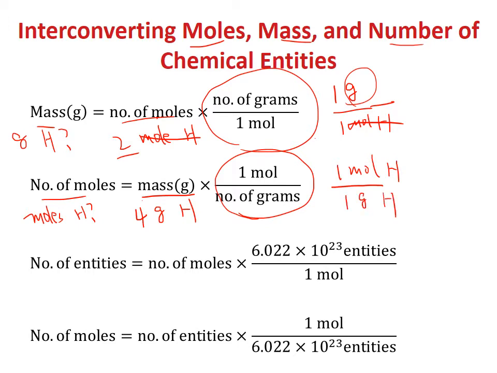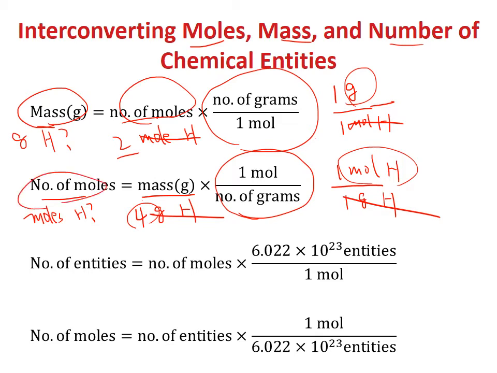This way, gram of hydrogen and gram of hydrogen cancel each other, you get moles. So 4 times 1 is 4, so you have 4 moles of hydrogen. So interconverting between mass and moles, or moles and mass, you use molar mass as a conversion factor.